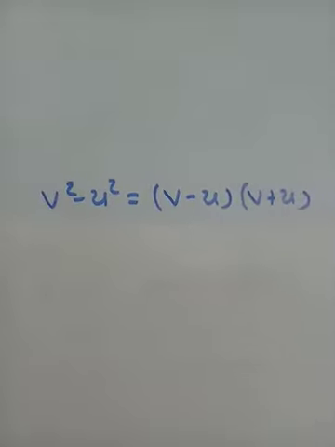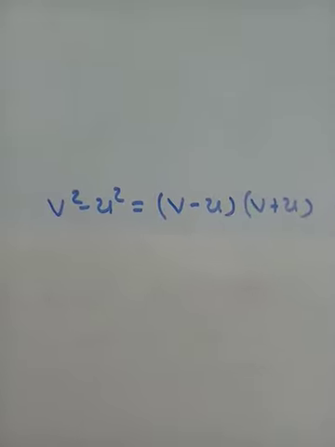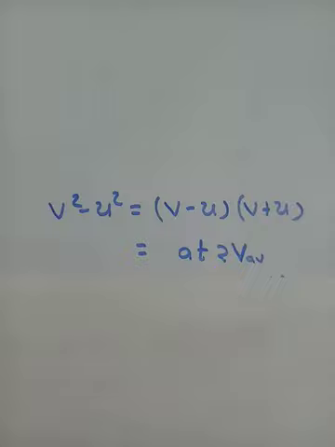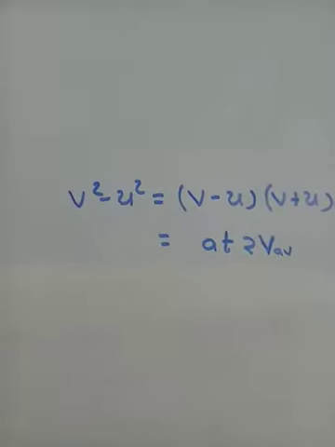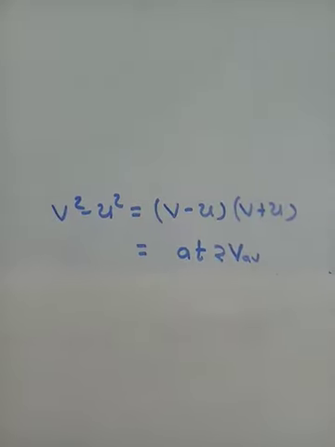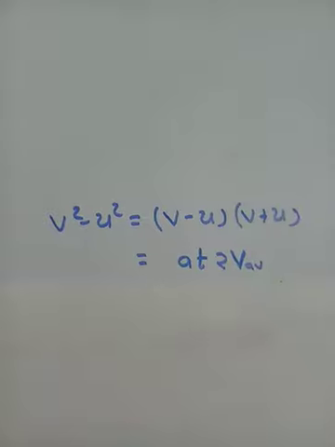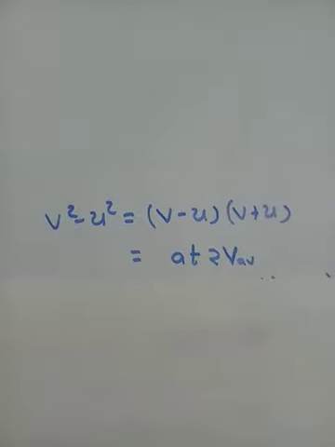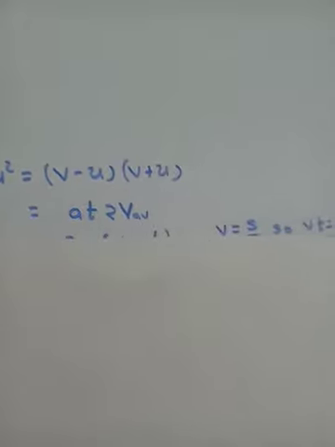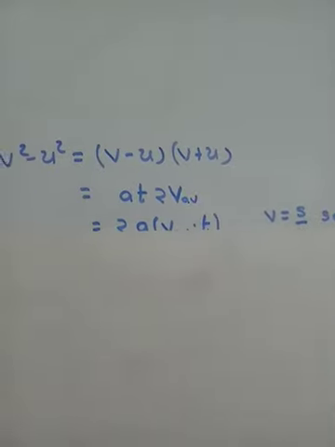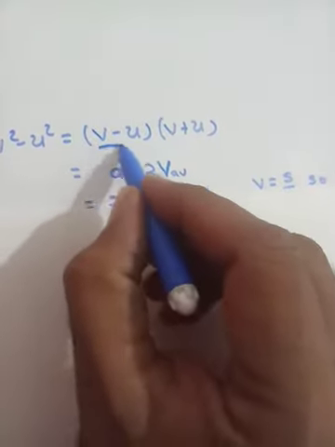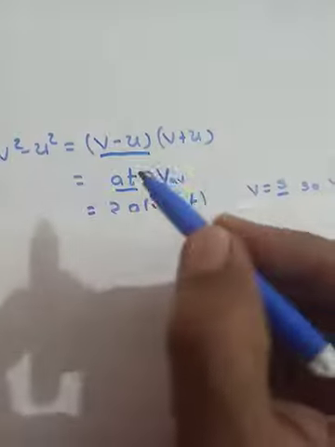Easy factorization. Now, what is v minus u? Consider this: v minus u upon t is equal to a. So v minus u is equal to at.